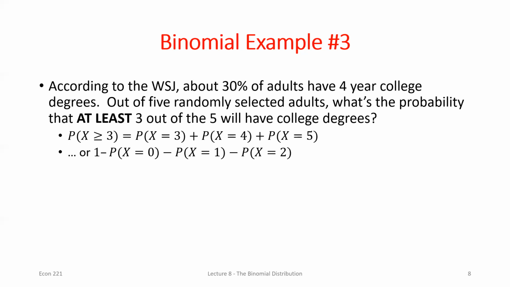Well, I can find this in the same manner. Just take every outcome that fits this criteria and add those probabilities up. What's the first outcome that meets this criteria? Well, remember, it's discrete, so being less than 3, the very first outcome would be 2. So I could take the probability equal to 2, 1, 0, subtract those from 1, and that should give me the probability of my event as well.